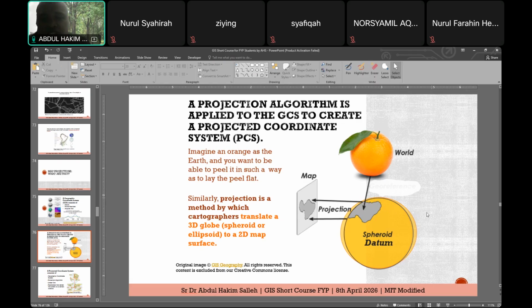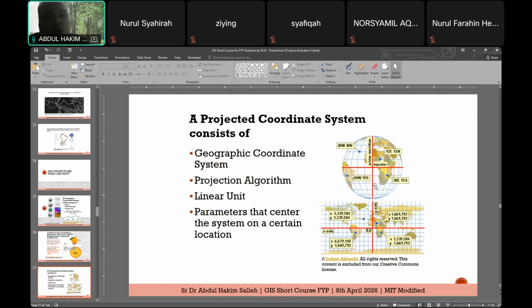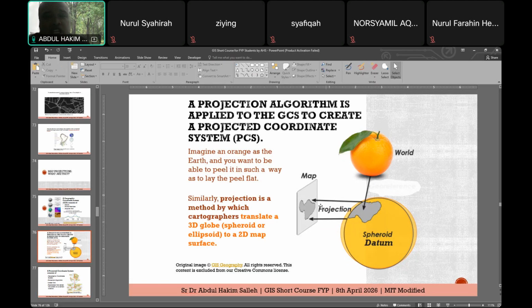Imagine that there is a flashlight, a torchlight, over here. It points to this area, and it projects this area onto the flat wall. Okay, we want to flatten it. Of course, when you flatten it, it will not be the actual representation of the Earth, of the countries.